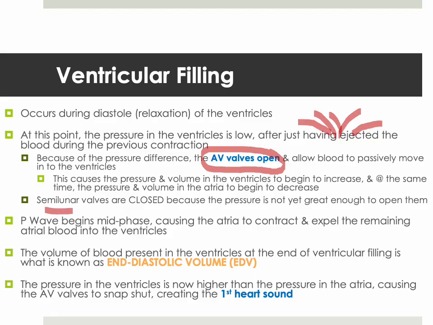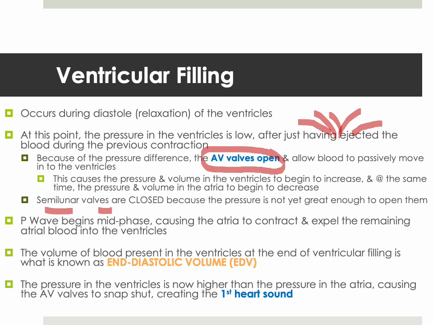The semilunar valves, meaning the swallow-shaped valves in both pulmonary trunk and aorta, are closed because the pressure in the ventricles is not great enough, but also there's blood trying to backflow, and that's why those valves are closed, okay?